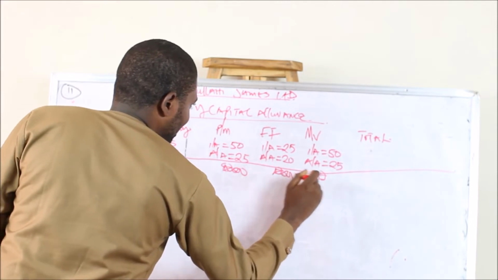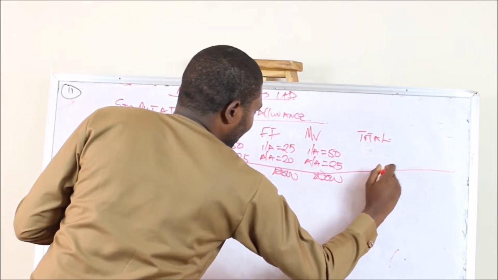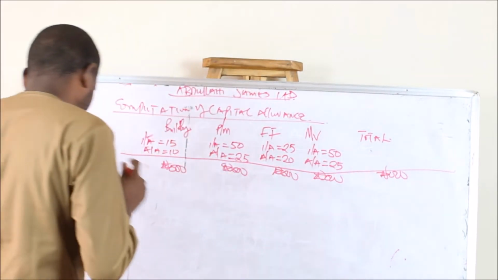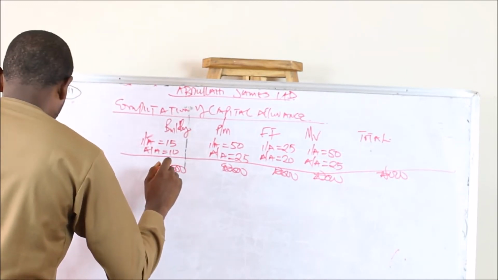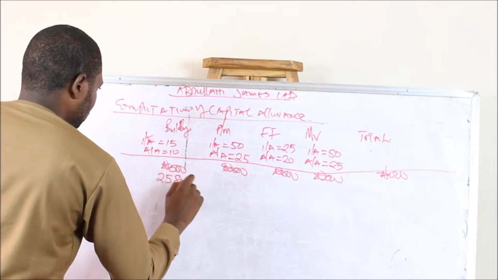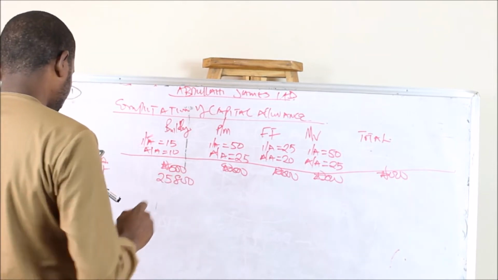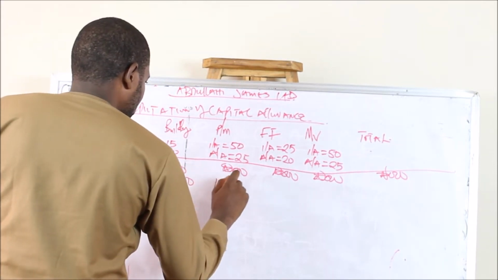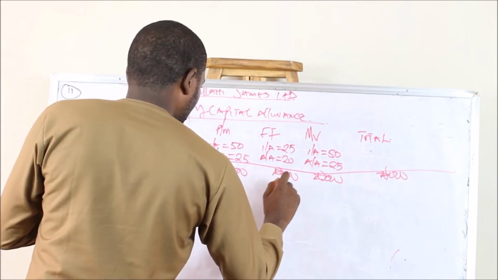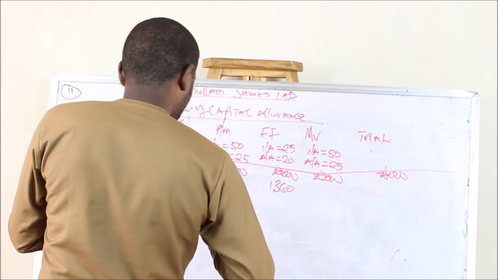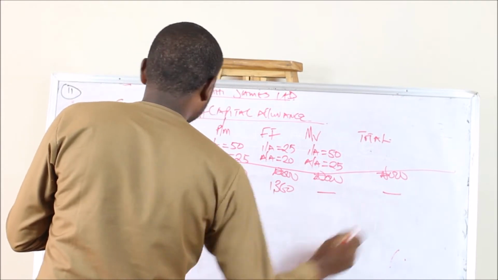Then of course total here, 3 Naira signs, so that we can reduce. Here is 25,800,000. That's the cost of the building. 18,750,000. Fitting and furniture, 1,360,000. So here is dash, here also is dash.